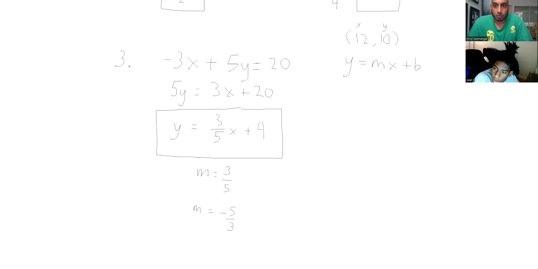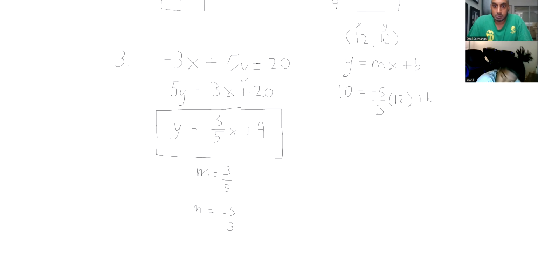So y here, we're going to put 10. Negative reciprocal is negative 5 over 3, negative 5 over 3 x. And we're going to put the 12 in there for the x, so we multiply that by 12, and then add a b. What we're trying to do is solve for b here. So we simplify this part.